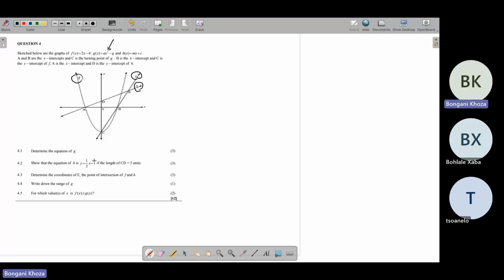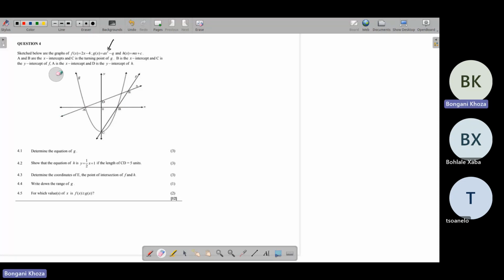Right. So firstly, before starting with the questions, let's finish that statement. We are told that A and B are the x-intercepts. So there is A and there's B. Those are the x-intercepts, as well as C is the turning point of G. So C is over here, and it's the turning point of G. We're also told that B is the x-intercept, and C is the y-intercept of F. So this line over here.